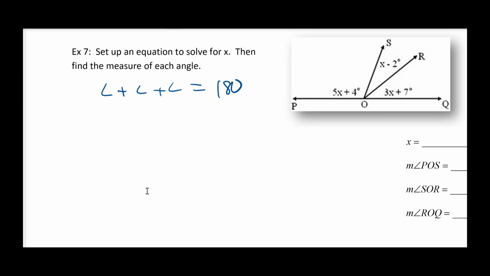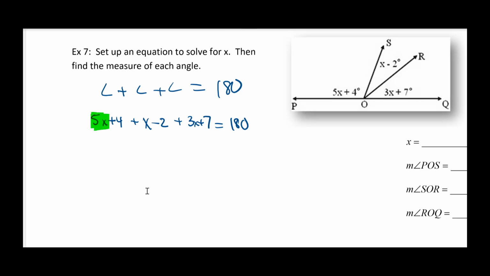Angle POS is 5x plus 4. My other angle, going in order, angle SOR, is just x minus 2. And my last angle, angle ROQ, is 3x plus 7. All of those have a sum of 180.